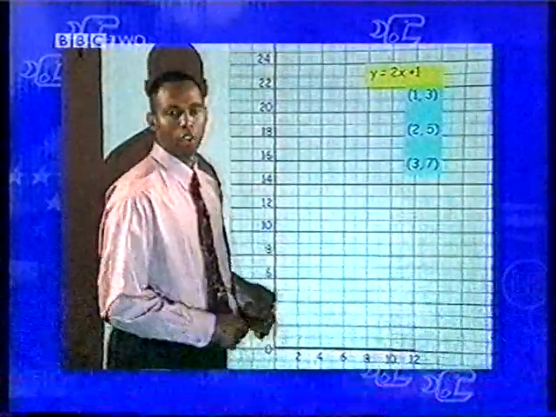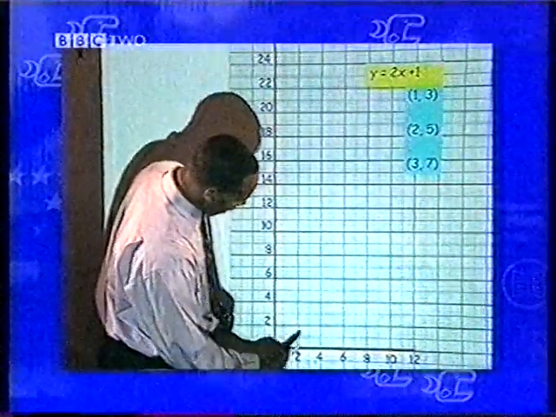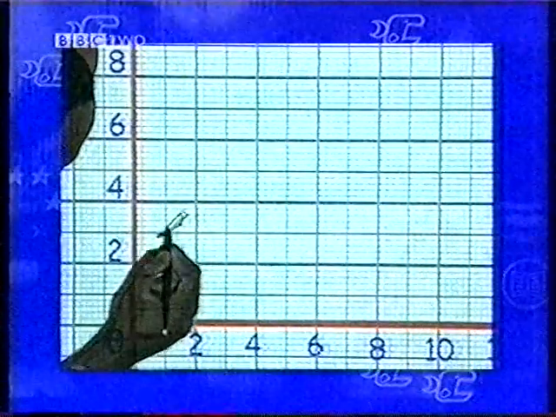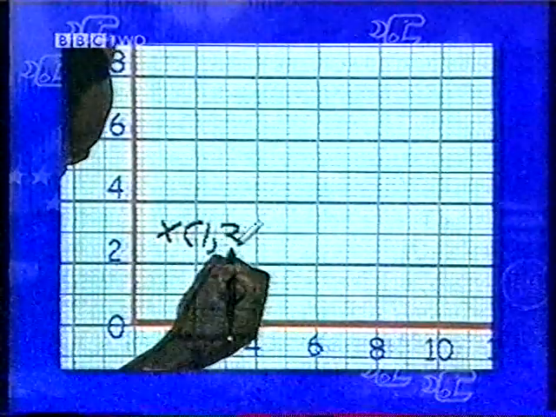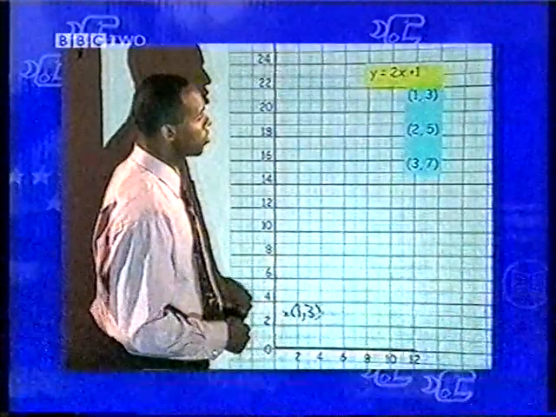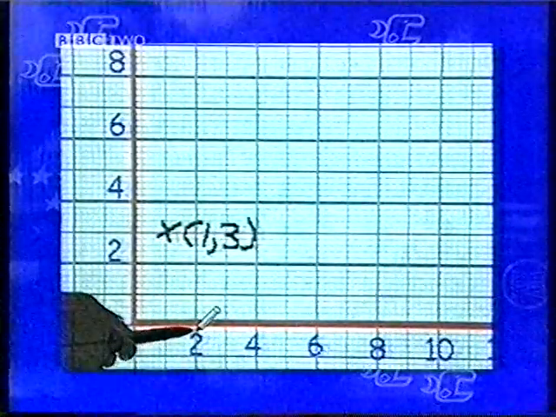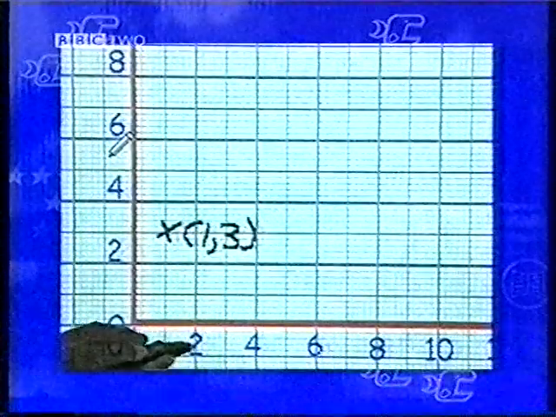Okay, the first coordinate, 1, 3, is located here, 1 on the x and up to 3 on the y. Let's mark that point and label it. Bracket 1, 3, close bracket. The second point, 2, 5. 2 on the x coordinate and up to 5 on the y coordinate.